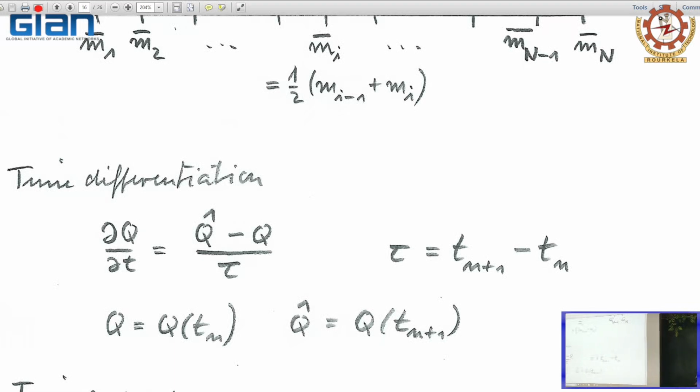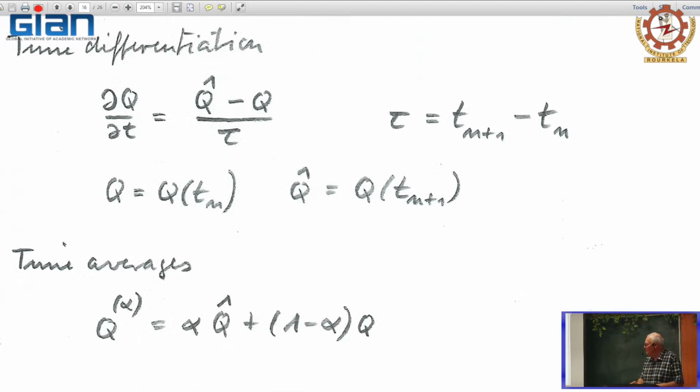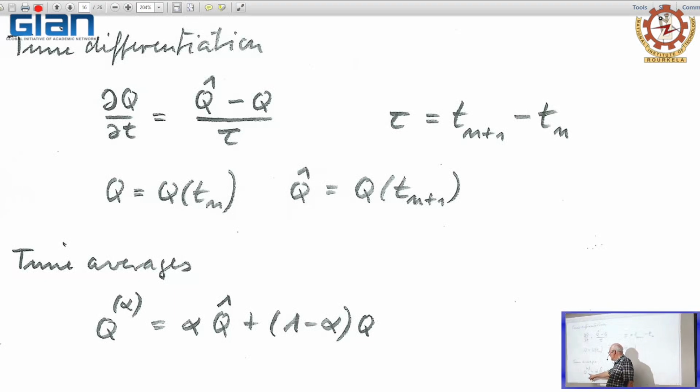Okay, in the following we will introduce so-called time averages of a quantity. Q_alpha, the time average of Q with index alpha, is defined as alpha times the quantity at time t_n+1 plus (1 minus alpha) times the quantity at time t_n. What does it mean? Q can be changed between its value at time t_n and time t_n+1.